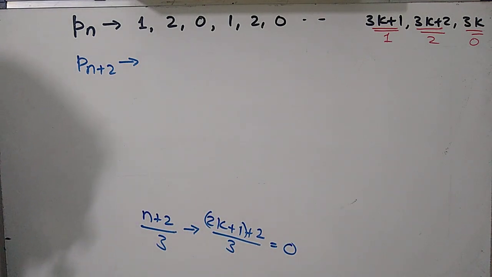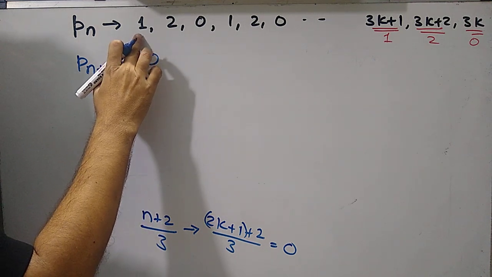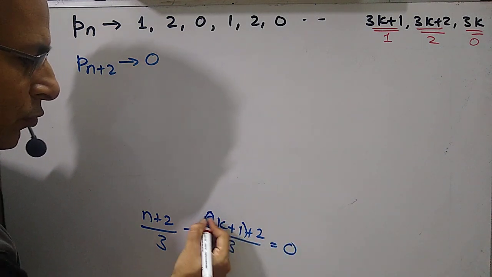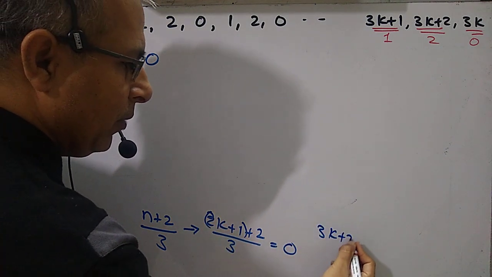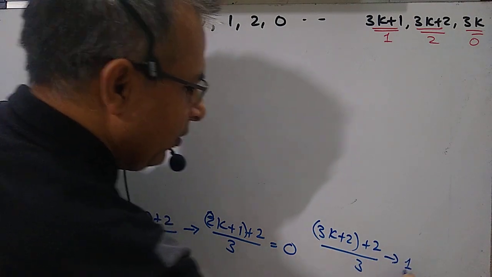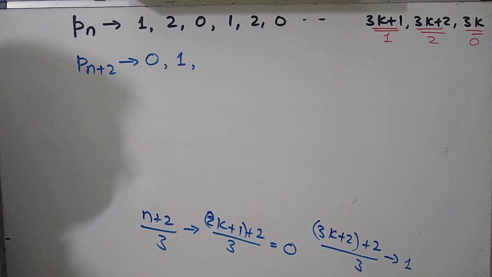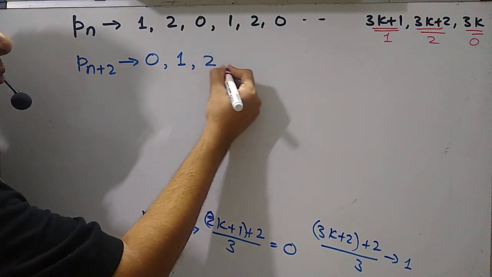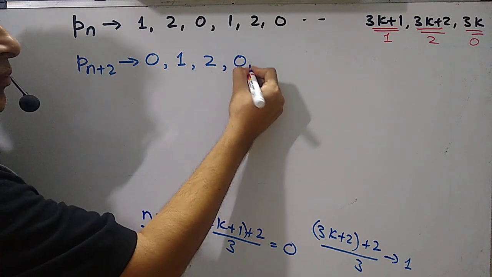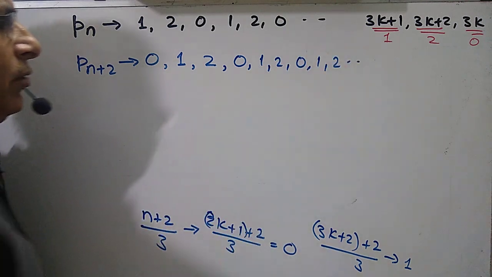So Pn plus 2 will give you 0 remainder if we take 3k plus 1. If you take 3k plus 2, 3k plus 2 plus 2 divided by 3, we are getting 1 remainder. So it is 0, 1, and if you take 3k, this will give you remainder 2. So we are getting 0, 1, 2, then 0, 1, 2, 0, 1, 2 and so on.